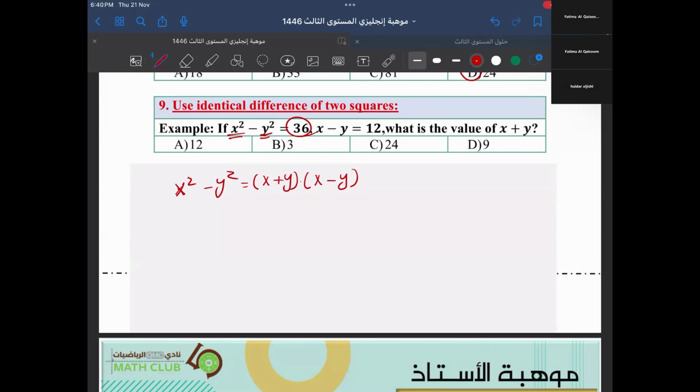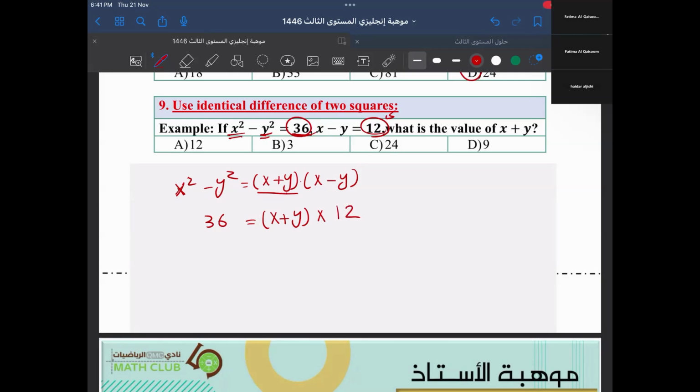So now we can substitute the numbers to find the value of x plus y. So x squared minus y squared, we know that it equals to 36. So I'm going to put 36 equals x plus y, I'm not going to separate them, times x minus y. We know that it is 12.